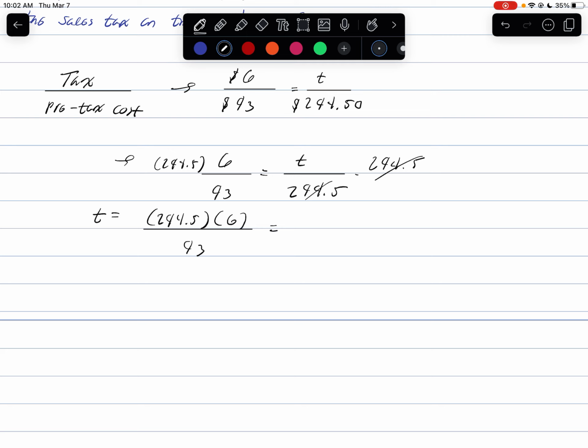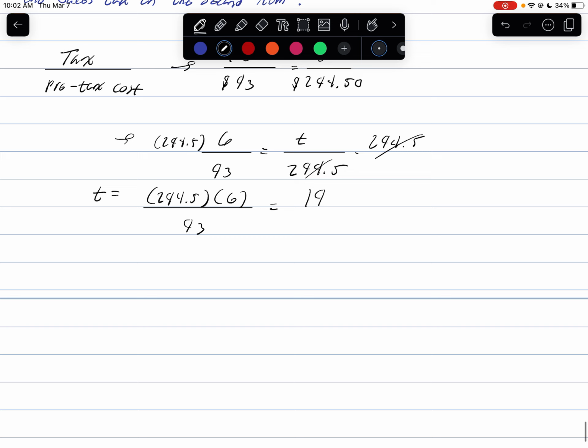You can just plug that into a calculator to figure out what the tax is going to be. So you have 294.5 times 6, and then we divide by 93. And we get that the tax is going to be 19. So our tax equals $19.